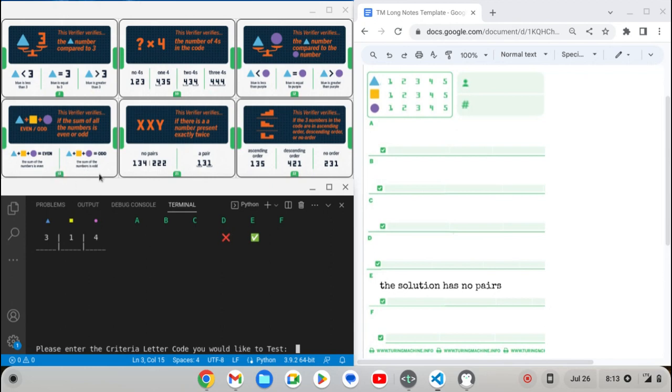So that means that the sum of the 3 digits is actually odd. So let's go ahead and type that up in section D. Triangle plus square plus circle should be odd.